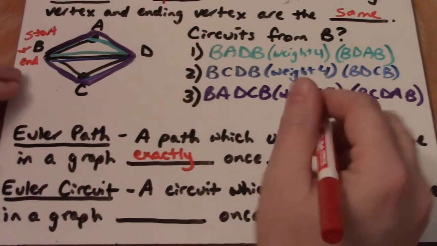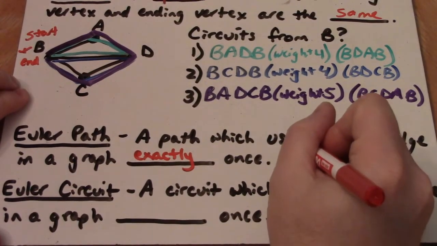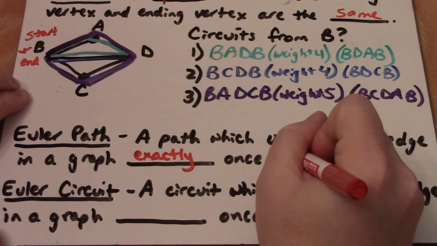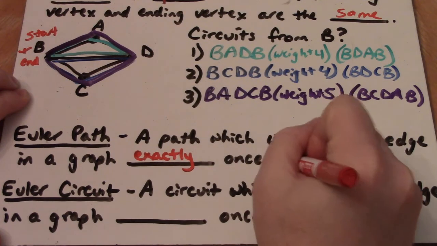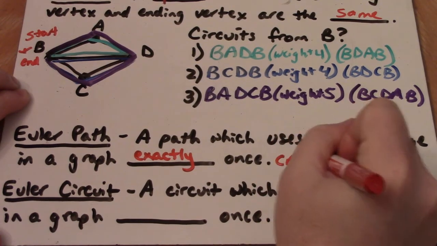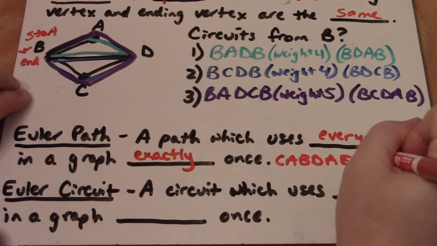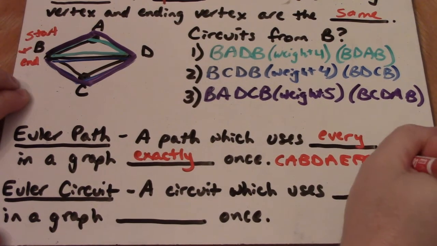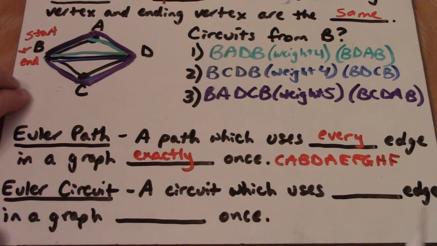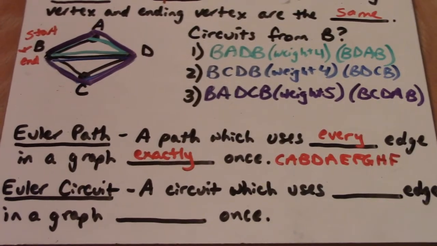If you want to go back to that graph, the path that would represent an Euler path would travel something along the lines of C, A, B, D, A, E, F, G, H, F. So it would start at C and end at F, or vice versa, and that would travel every single edge in the graph exactly one time.